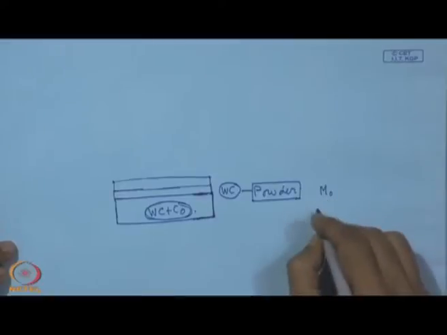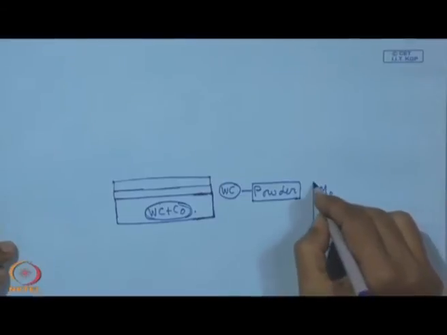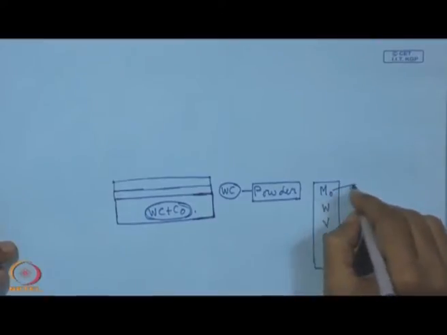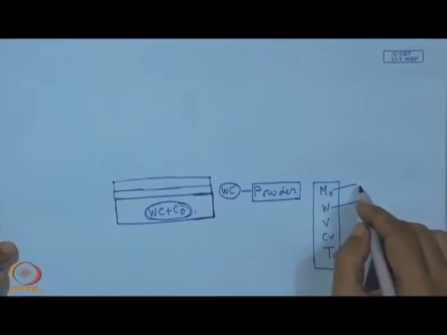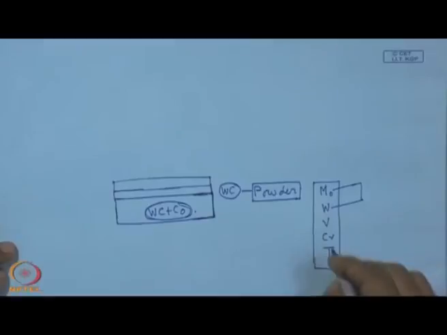And for this, we can see materials like molybdenum, tungsten, and then vanadium, chromium, titanium, a lot of materials can be tried, but in that list we can see that molybdenum and tungsten are the most preferred materials in the whole process, because of the simple reason that molybdenum and tungsten are good carbide formers, but they are less prone to oxidation compared to titanium or chromium.